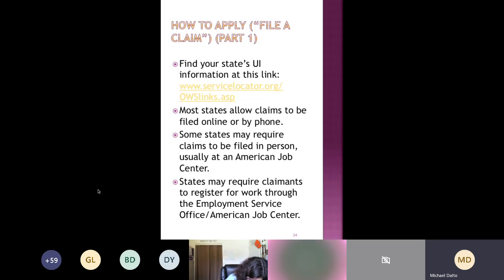And states under regular rules, as I mentioned earlier, may require people filing claims to register for work through their employment service office or American Job Center. People are not going to be required to go to an American Job Center in person under the current circumstances, I believe, probably in any state.